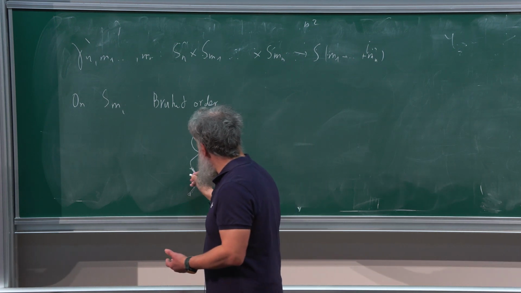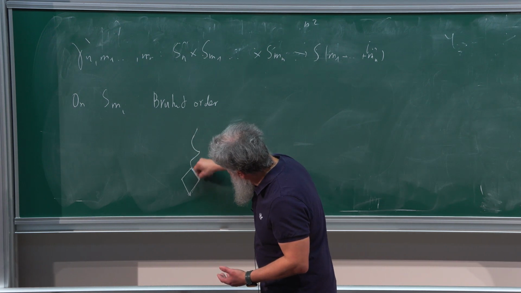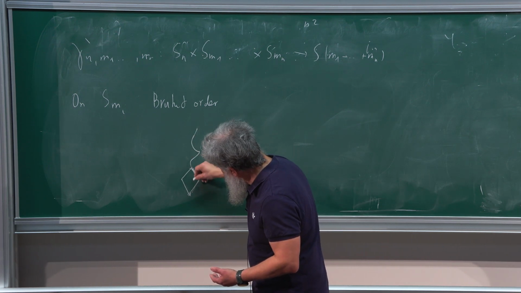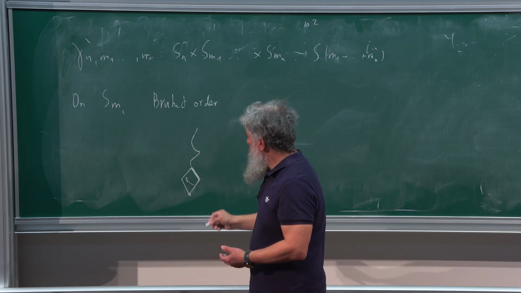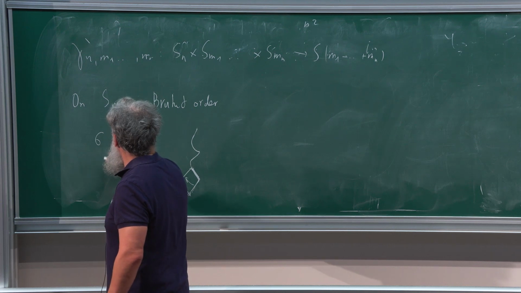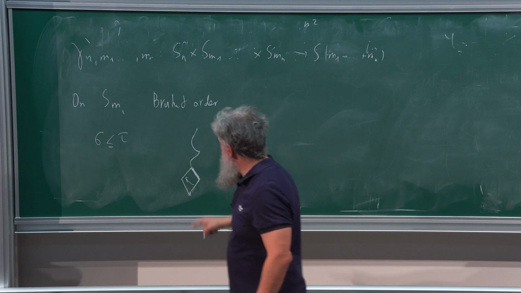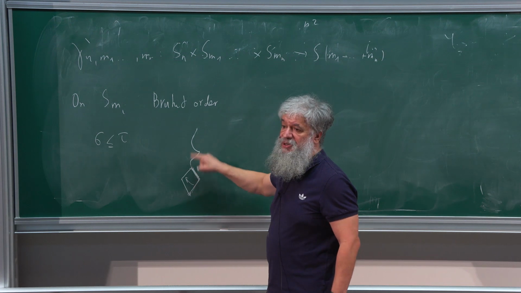And then we can make a flip. We replace such an inversion by no inversion. Then we say that for two permutations sigma and tau, sigma is less than tau if sigma can be obtained from tau by some sequence of such flips.